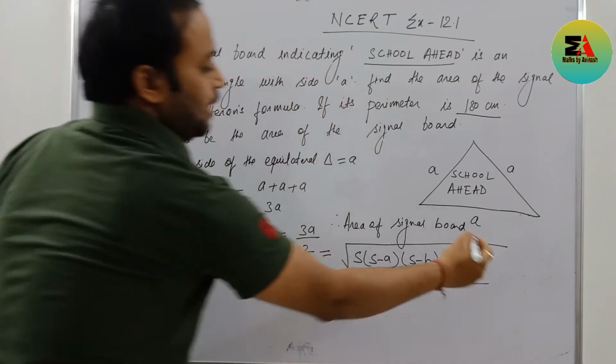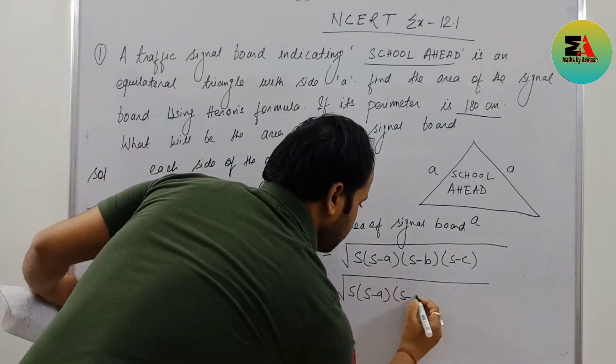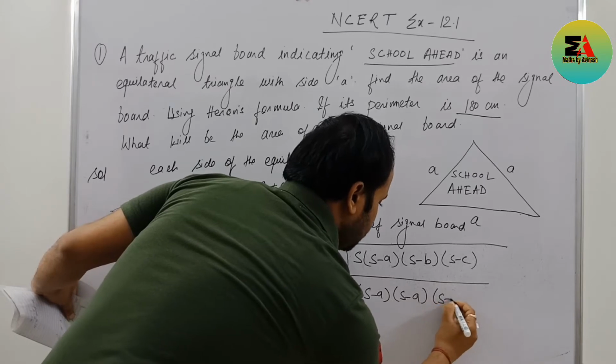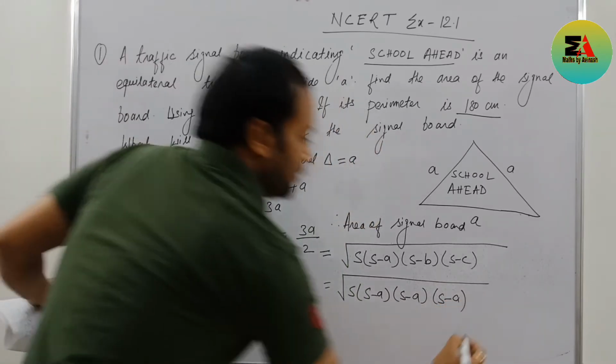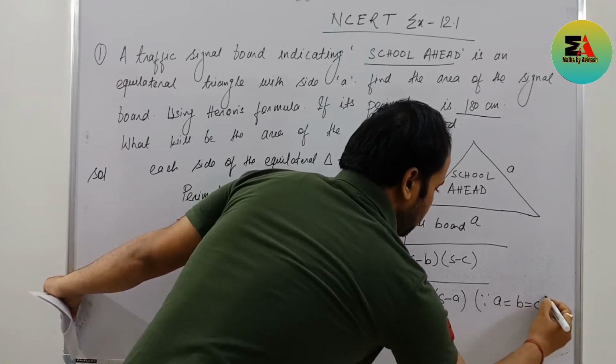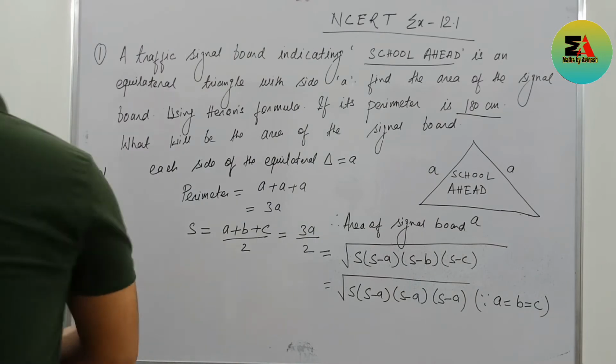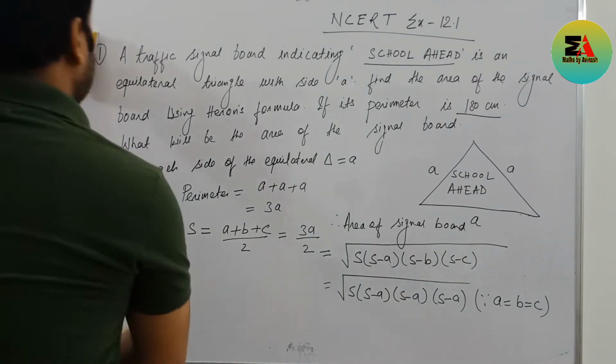All a, b, c are equal, so we write s minus a, s minus a, s minus a, since a equals b equals c.